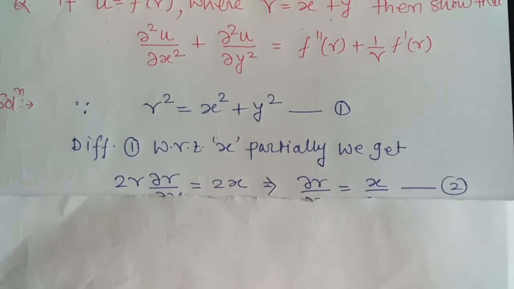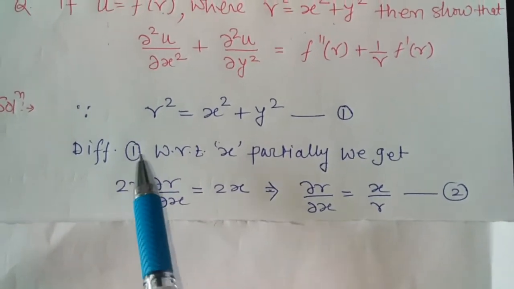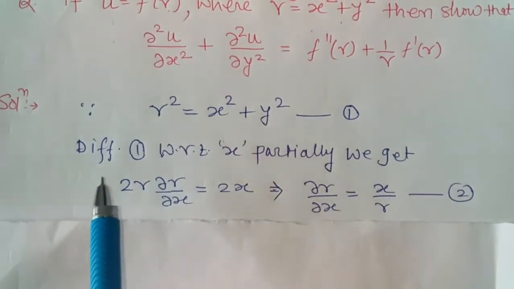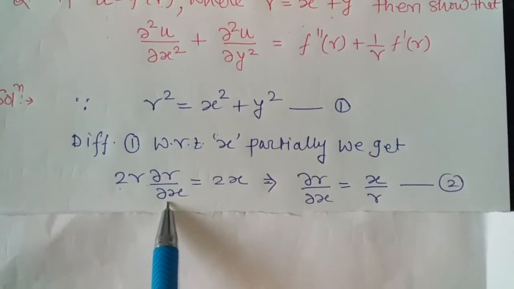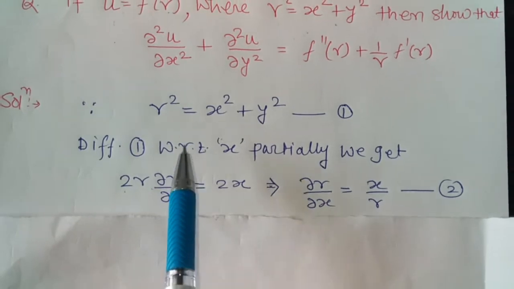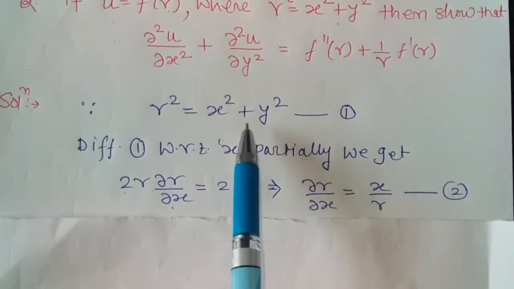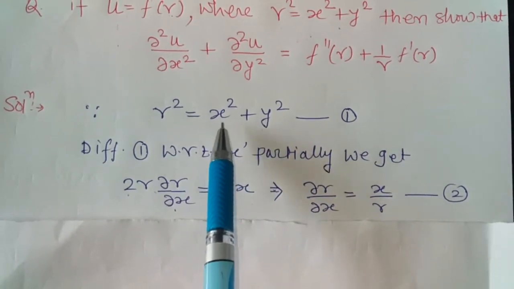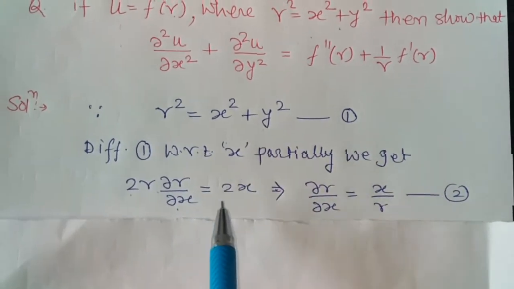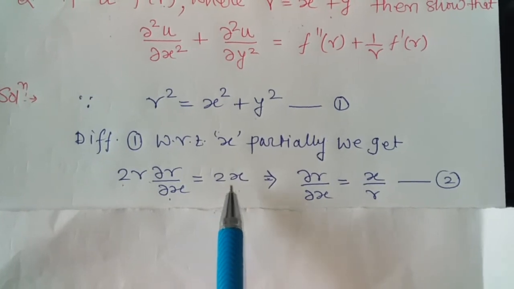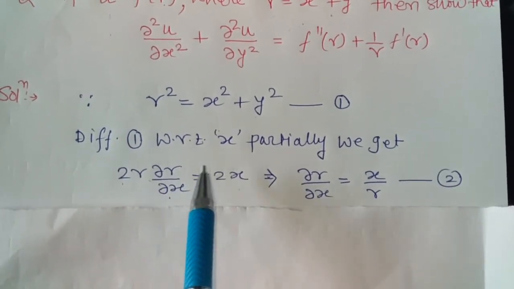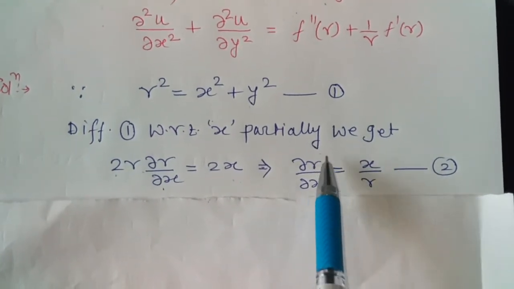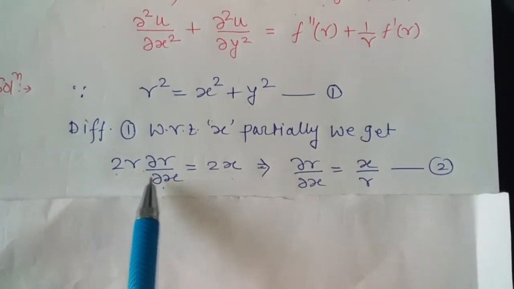Then we get, differentiation of r square with respect to x is 2r del r by del x equal to, here y is constant with respect to x, so the derivative of y square is 0 and the derivative of x square with respect to x is 2x, which implies 2 and 2 cancel and we get the value of del r by del x is equal to x by r.